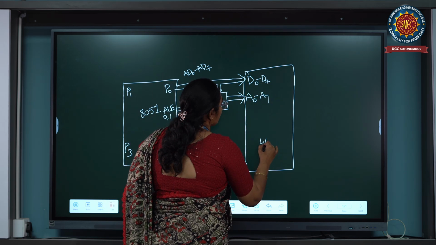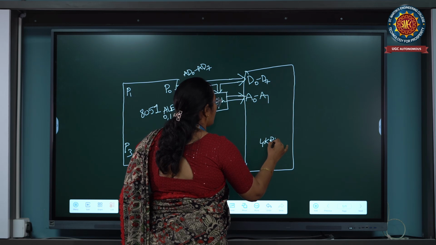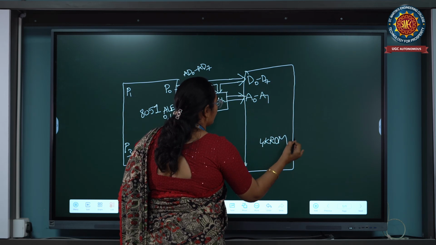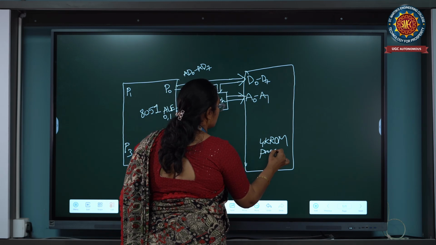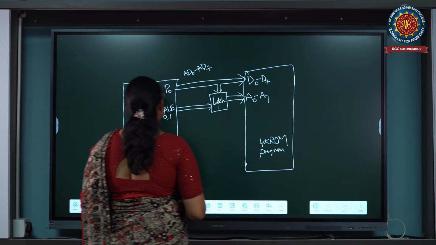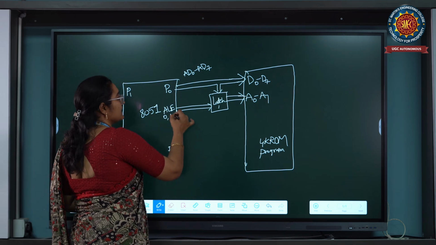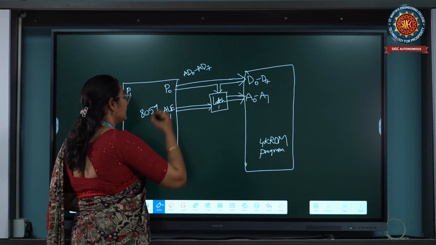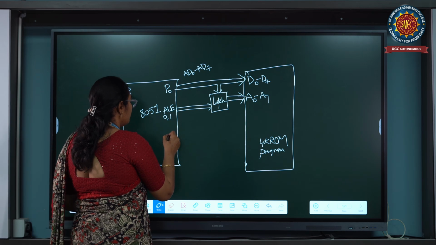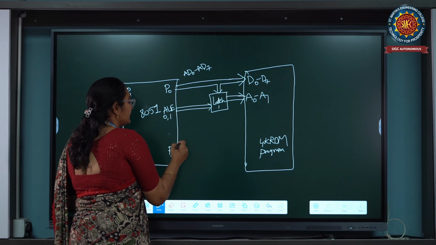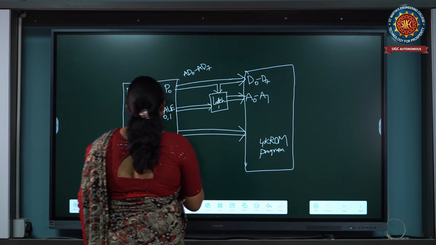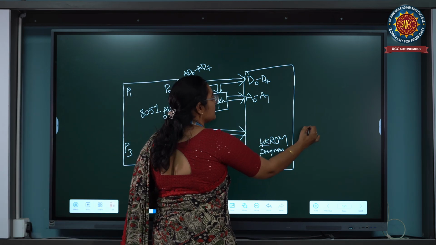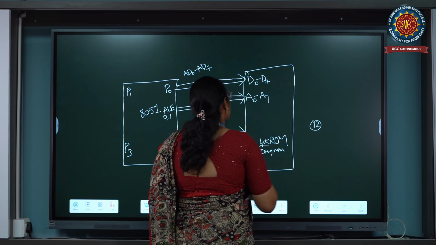This is the 4 kilobyte read-only memory, the program memory. Here port 0 is interfaced with the latch, and port 2 is connected to the higher order address lines. Here we are using 4 kilobytes, that means we are using only 12 address lines.